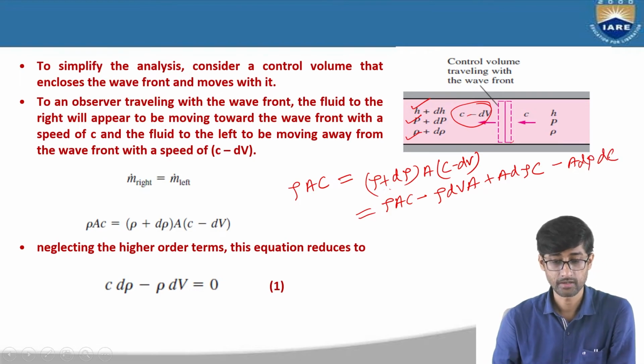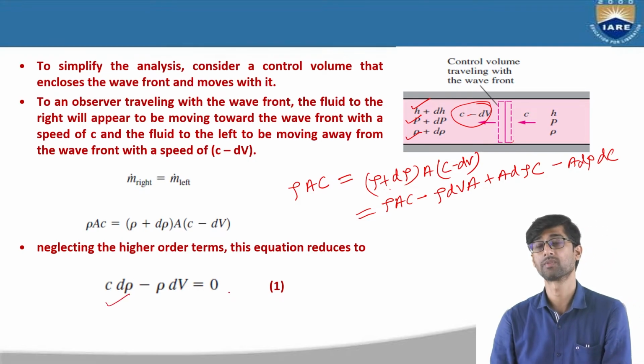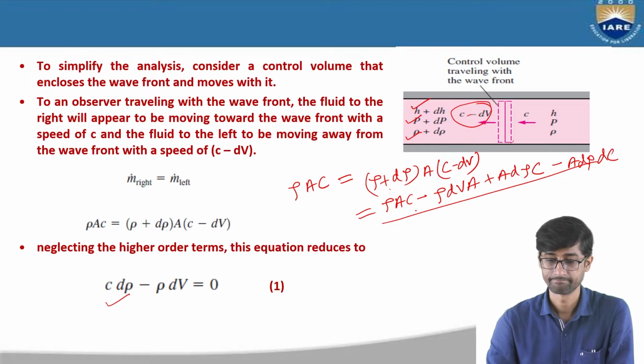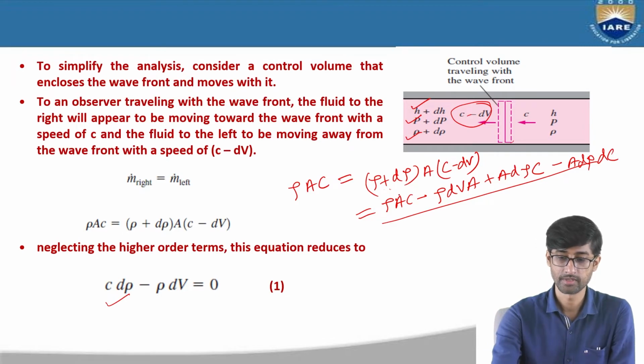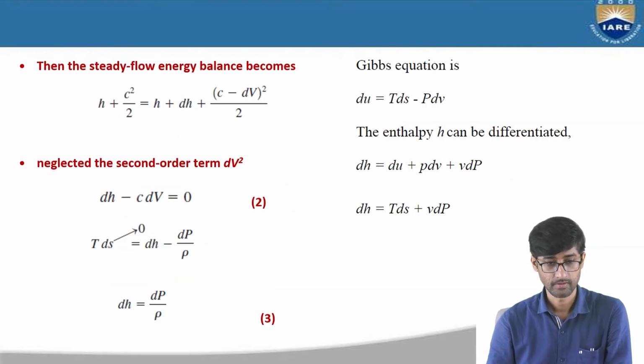So by neglecting the higher order terms, this equation reduces to c d rho minus rho dv equals 0. This is equation number 1, the mass balance equation.